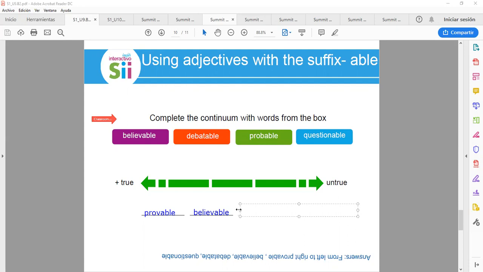More untrue is something that is debatable. And finally, the really untrue one is something that is questionable. Okay, probable, something that can be proven.